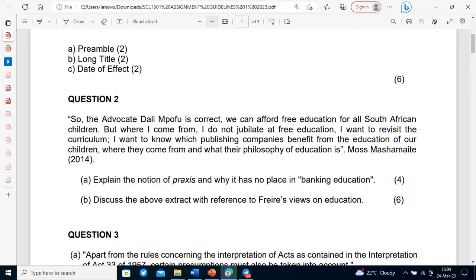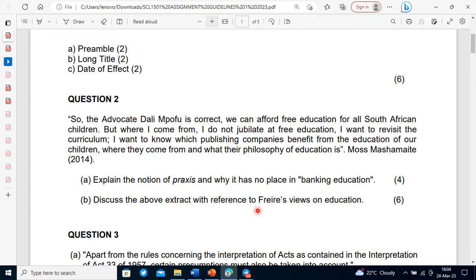And one thing about that is that the lecturer starts by explaining how you can get those answers and then gives you the answers, so you have to know the difference. You just have to notice which one is the guide and which one is the answers. That's why I'm saying you have to go through it carefully, guys. I do believe you'll find B there too, discussing the above extract with reference to what view on education.